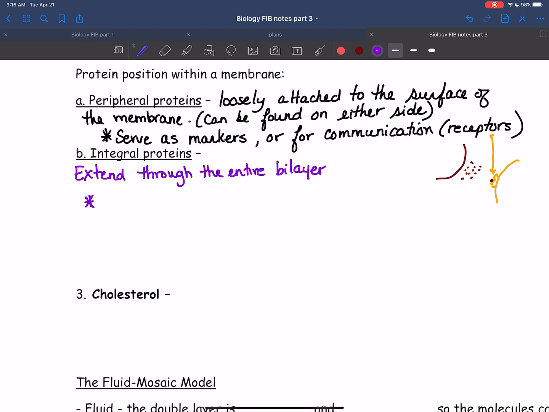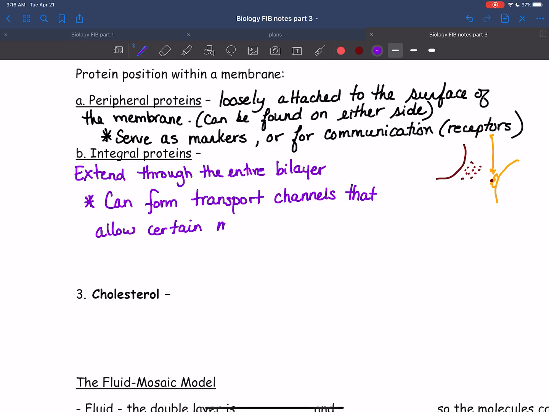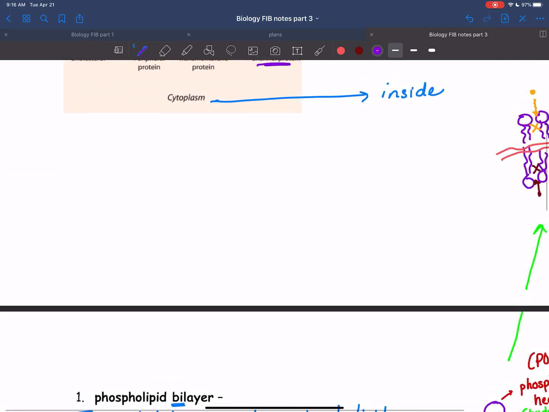And they can form transport channels that allow certain materials, chemicals, water-soluble molecules, water-insoluble molecules that can't make it through the fat, right?